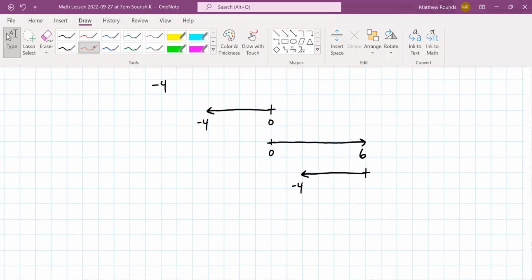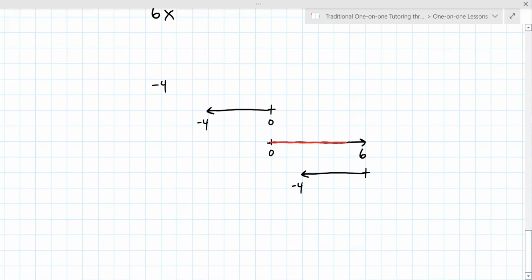So if you go right 6 and then back 4, where are you at on your number line? Where am I at on the number line?